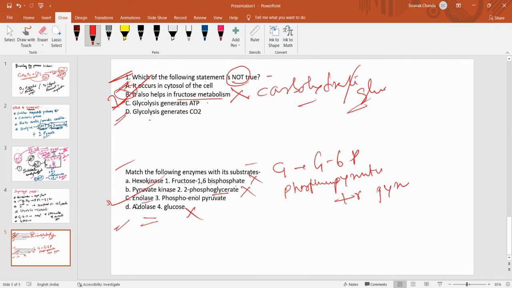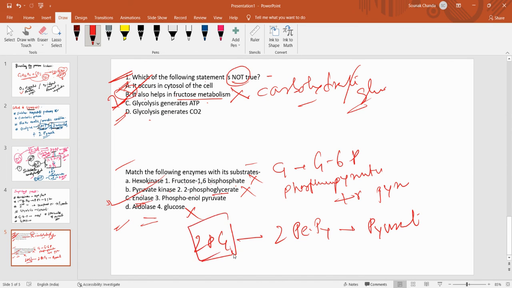If you don't know about enolase, basically this enolase helps in the formation of phosphoenol pyruvate from 2-phosphoglycerate, and then to pyruvate. So this conversion of 2-phosphoglycerate to phosphoenol pyruvate is done by the enzyme enolase. If you don't know, you can also try the option elimination method. This one is incorrect, this one, and this one. So option C is the correct answer.